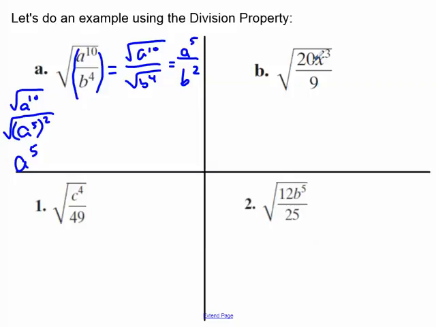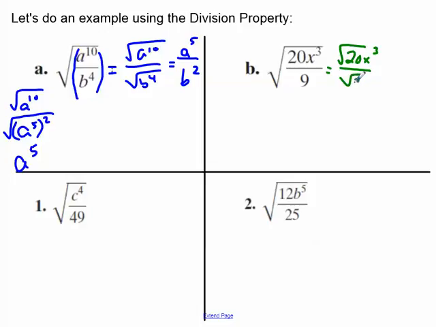Alright, how about number b? Can we simplify the fraction? 20 and 9 don't simplify. This becomes square root 20x cubed over square root 9.